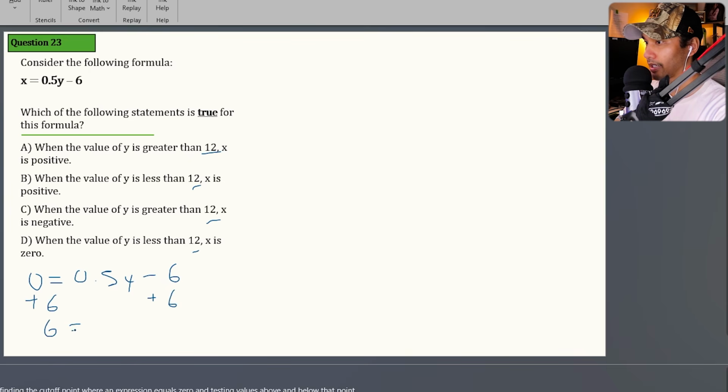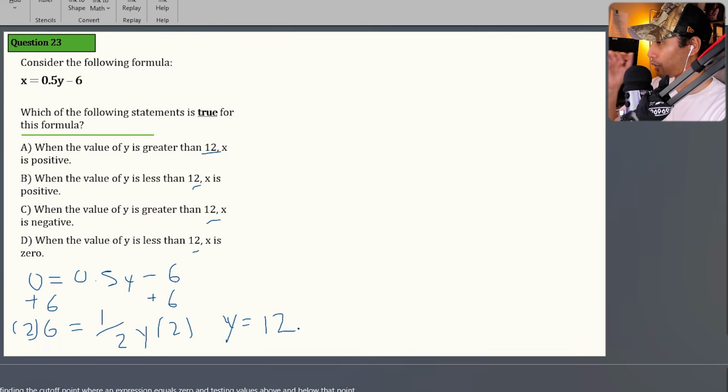Then we have 6 equals 1/2 y, so it looks nice when I divide by 0.5, which is multiply by 2 on both sides. And then you get y equals 12.